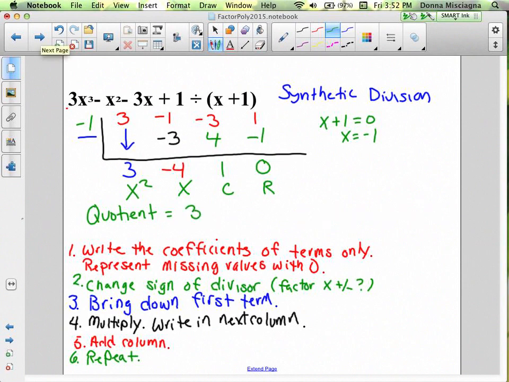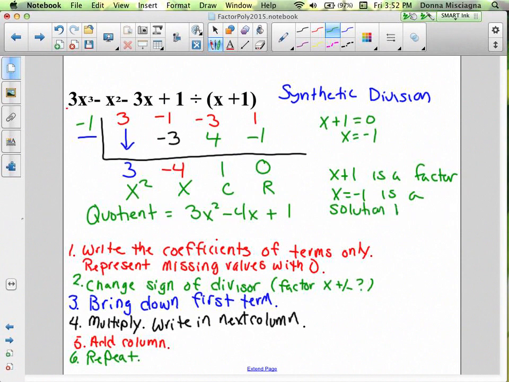Sorry. 3x squared minus 4x plus 1. And because our remainder is 0, x plus 1 is a factor. x equals -1 is a solution, because the remainder was 0.